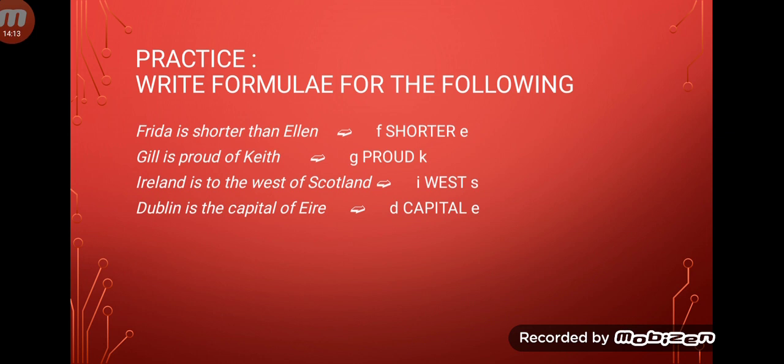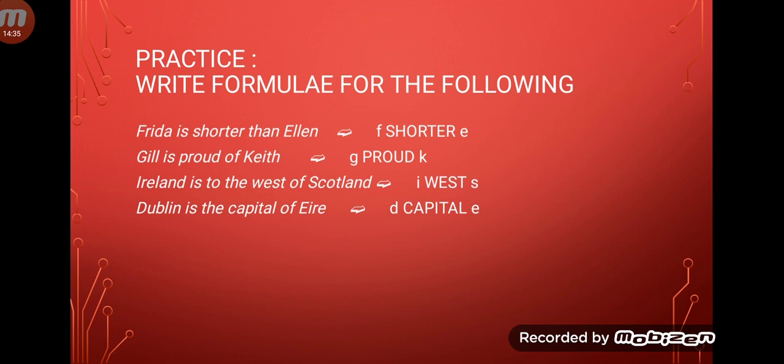Gil is proud of Kate. Gil, we can write g in the lowercase, and then proud becomes the predicator, and Kate, of omitted, and then Kate becomes k.